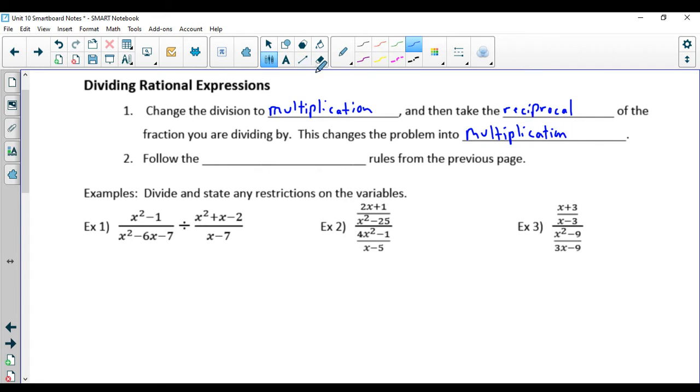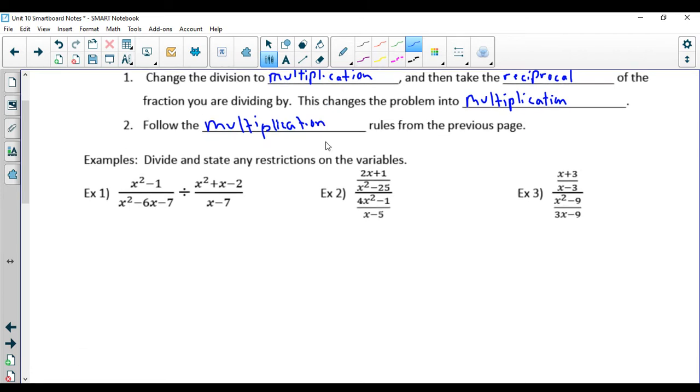So if you want to make a note, this first step is really the keep, change, flip. After that, now you're going to follow the multiplication rules or steps from the previous page.